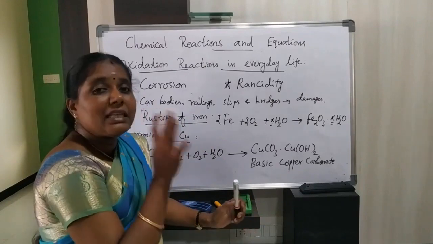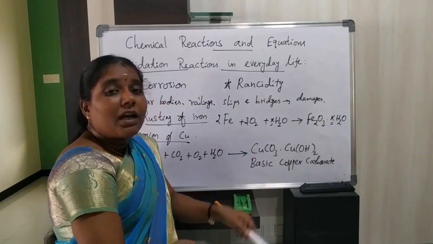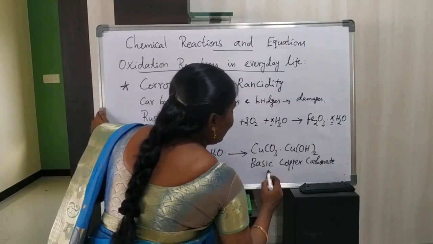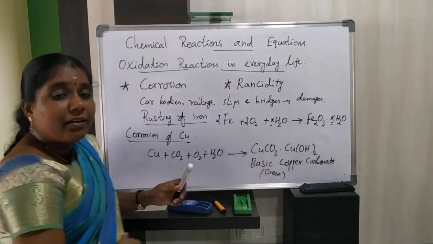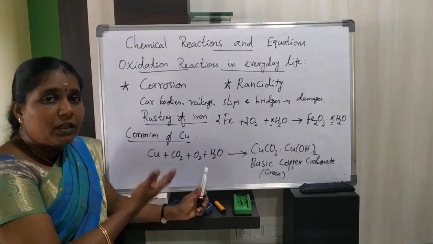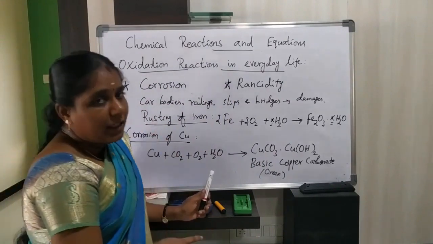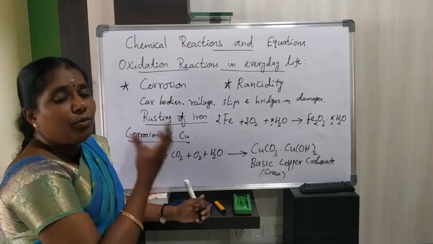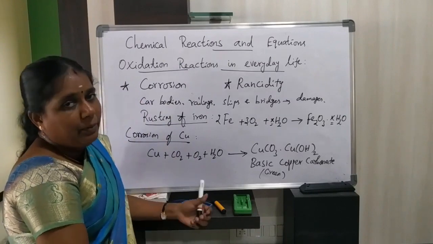Basic copper carbonate is a combination of copper carbonate and copper hydroxide. The color of basic copper carbonate is green, so it forms a green coating on the copper. This green coating is basic copper carbonate. So this is one more example of corrosion, that is corrosion of copper metal.